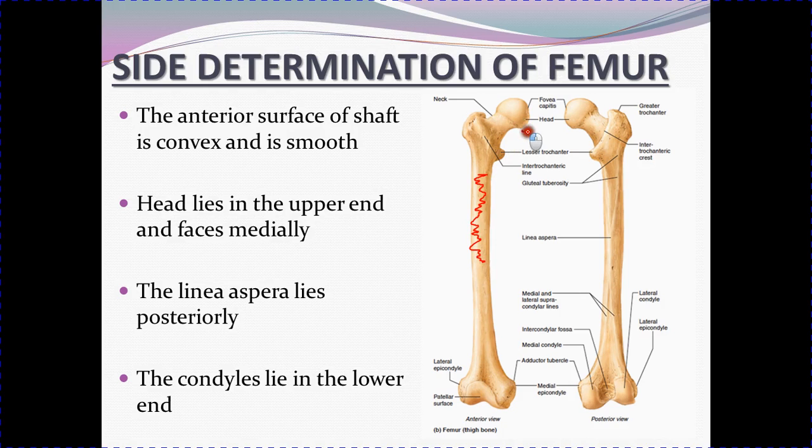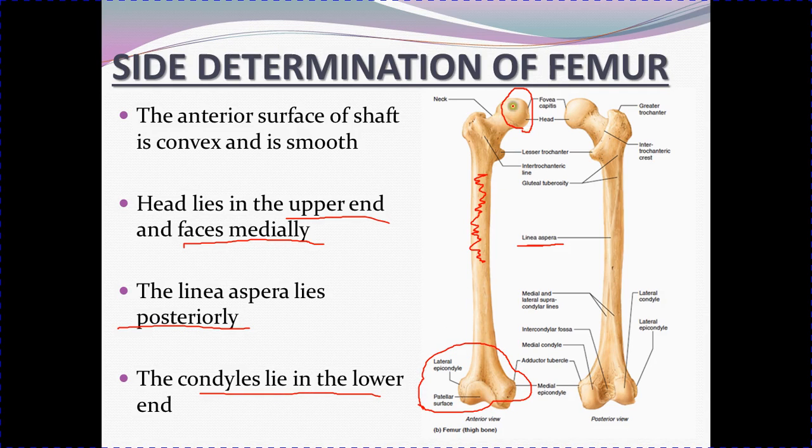The head of the femur is lying in the upper end and is always facing medially. The linea aspera or the posterior border lies posteriorly. The condyles lie in the lower end. So you have to remember these 4 points for side determination.